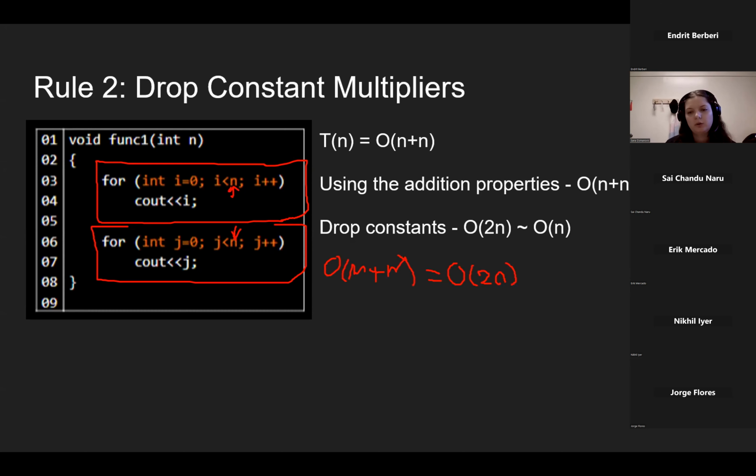They do contribute obviously to the growth rate, right? We've established that in the graph slide. But when you talk about the growth rate for a very large n, consider 2 trillion or 1 trillion, the differences between execution times are not going to be very different if you have 2n or just 1n. They're still going to behave the same way. So we're just going to drop the constants. We're going to ignore those. If you have a constant multiplier, just ignore it. Don't think of it and just write O of n.